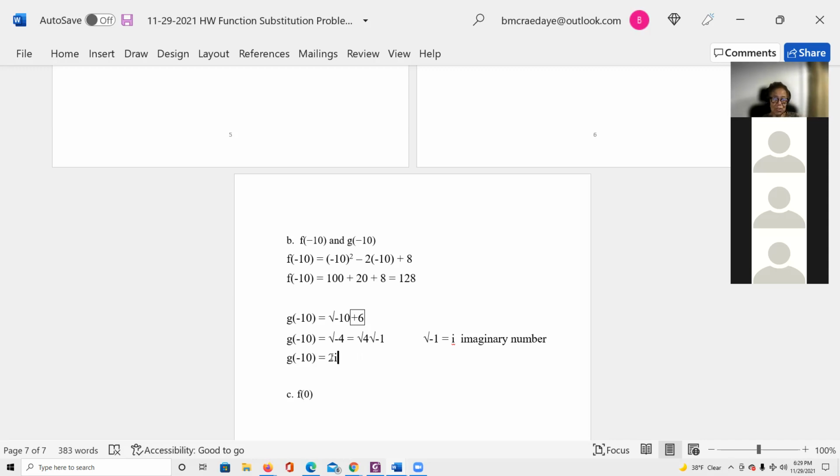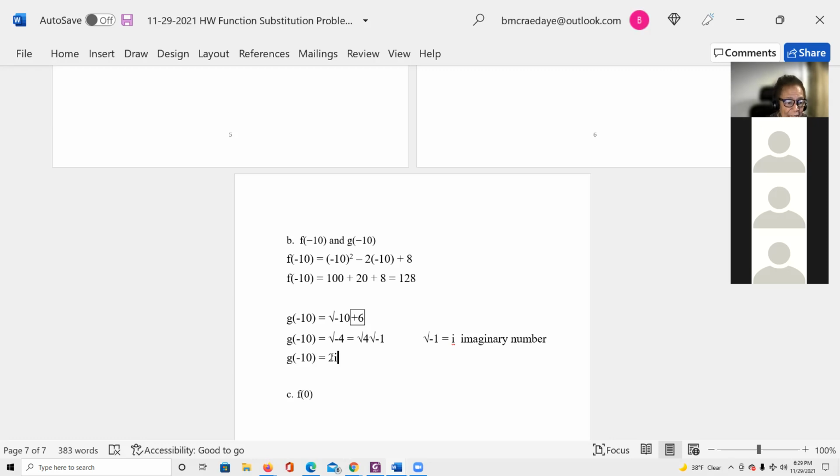Questions? I had the imaginary one. I did the last part, but I didn't know how I get there. Oh, okay. So a negative number under the root is an imaginary number. Imaginary means it really doesn't exist, right? So that's why we just put i for the imaginary.